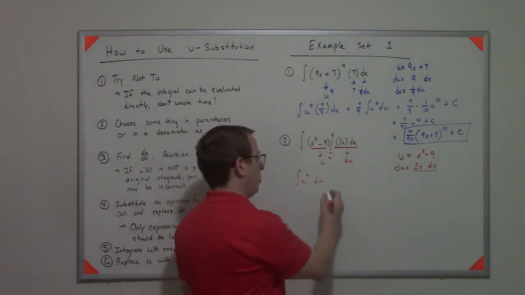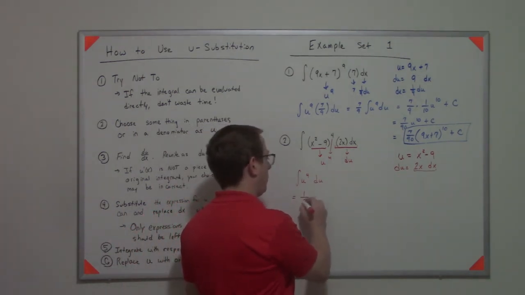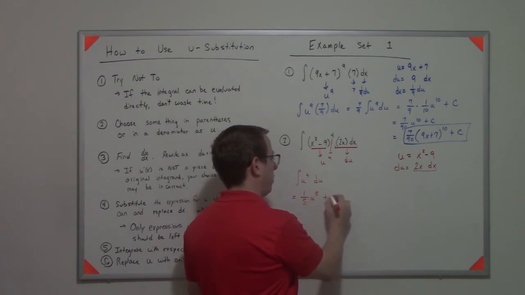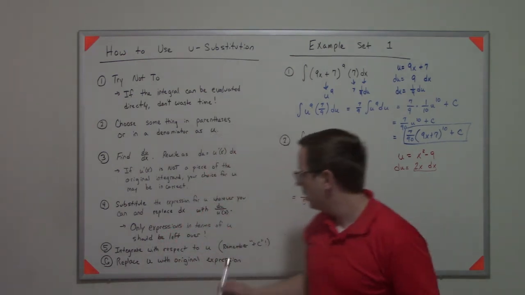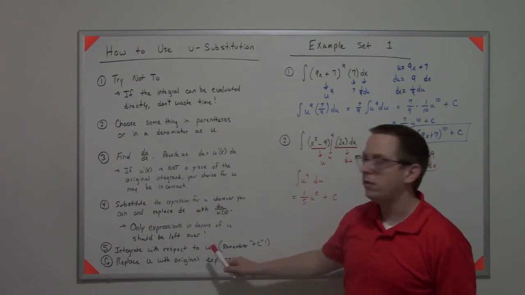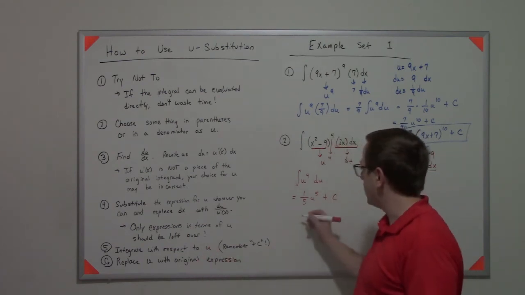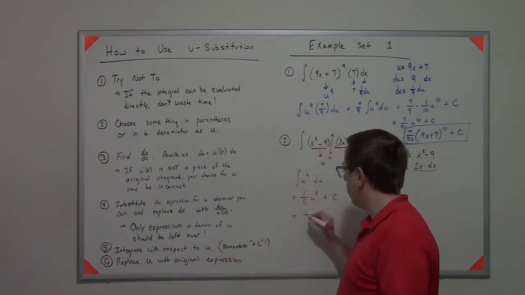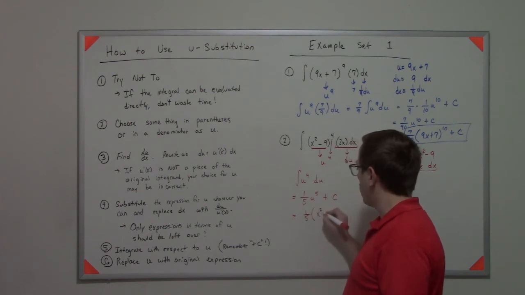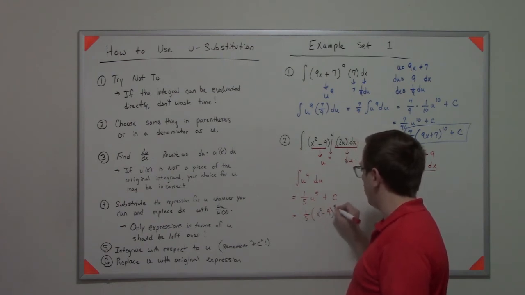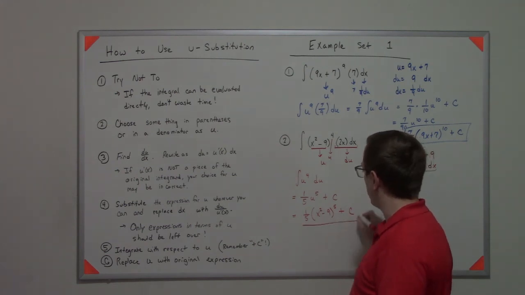Because that becomes 1/5 u^5 plus an arbitrary constant. That's step 5. And then step 6, we get 1/5 (x^2 - 9)^5 plus an arbitrary constant.